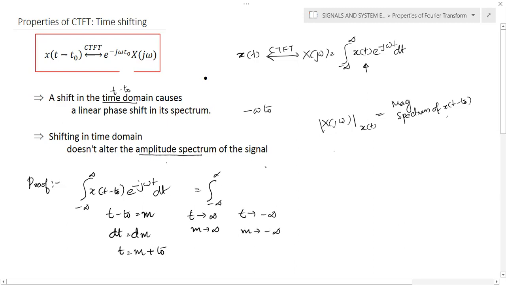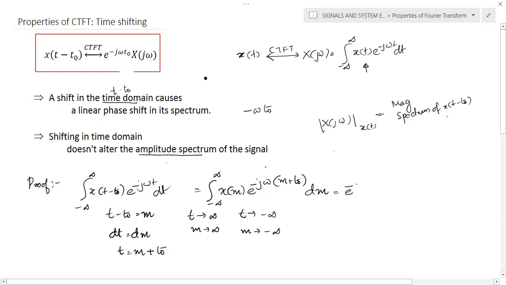So minus infinity to infinity, instead of x of t minus t0, you can put x of m e raised to minus j omega, and in place of t you can substitute m plus t0, and you can change the variable dt to dm.